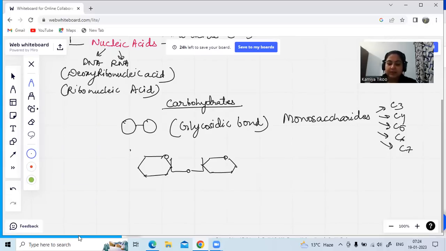And this is a 6 carbon compound actually. Glucose, galactose, and fructose are very common carbohydrates which are found in nature and which we take in our diet also.